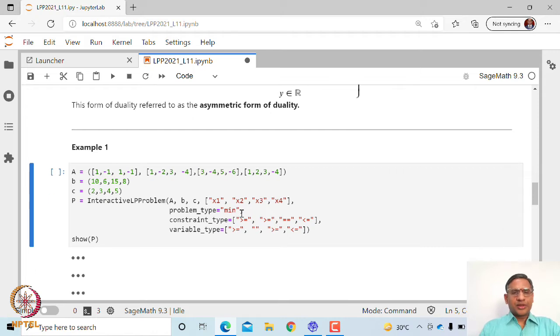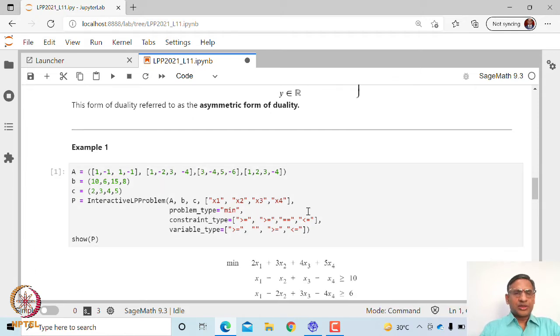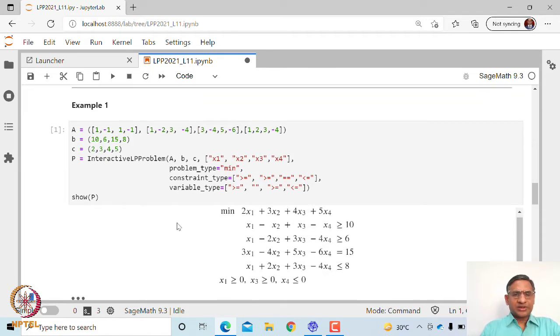So this is an example. This is the problem, which is to minimize 2x1 plus 3x2 plus 4x3 plus 5x4 subject to a first constraint which is greater than equal to type, a second constraint which is also greater than equal to type, a third constraint which is equality type, and a fourth constraint which is less than equal to type.